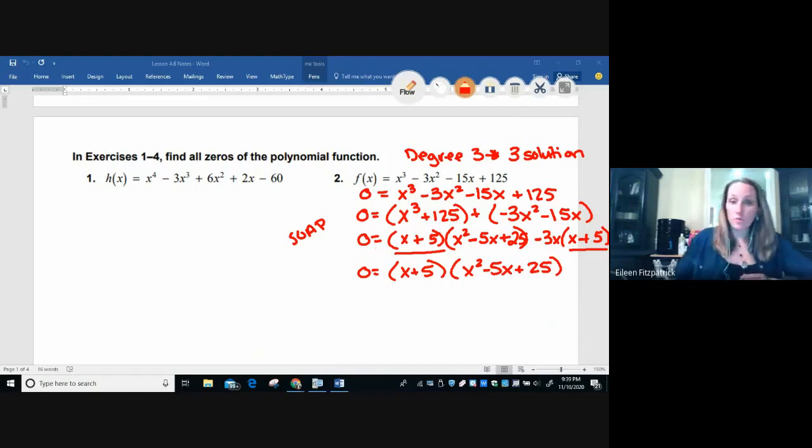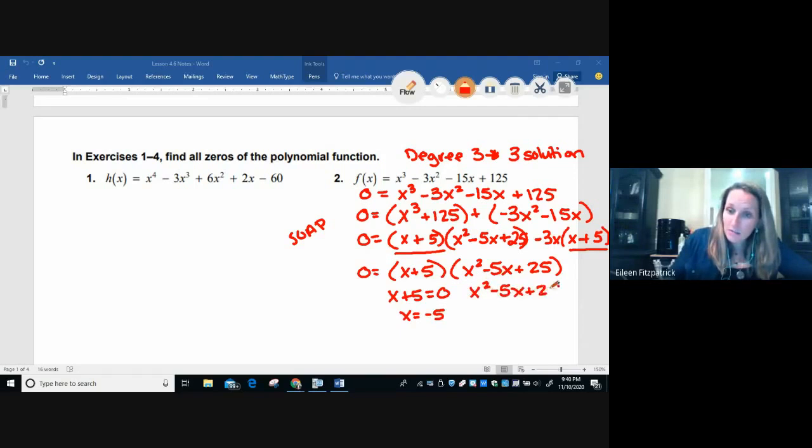Again, the goal is to find the zeros. Well, if I set this factor equal to 0, I know that one of my zeros, one of my x-intercepts, is going to be -5. Unfortunately, if I try to set this one equal to 0, I can't factor it because there are not two numbers that multiply to a positive 25 and add to a -5. So that means I have to do quadratic formula again for this problem. All right, just to give myself some room, I'm going to do quadratic formula over here.